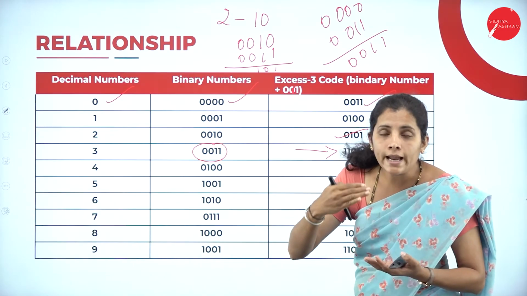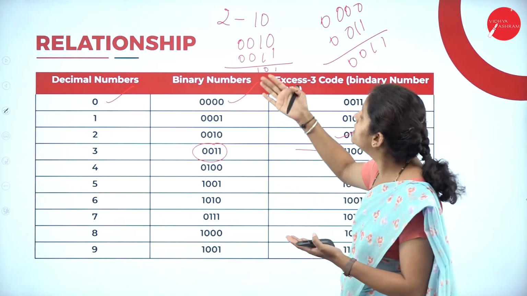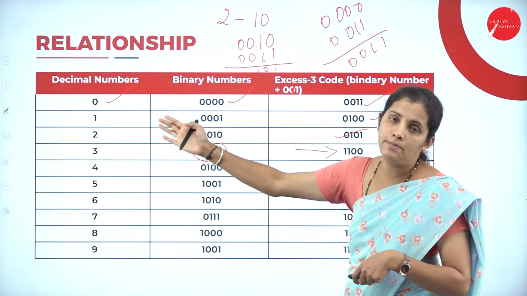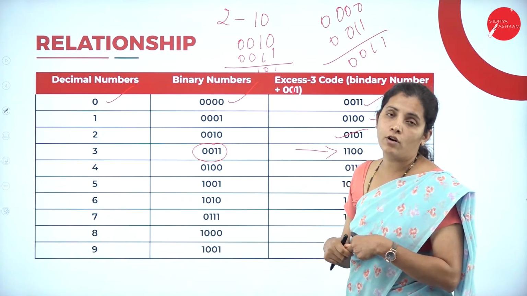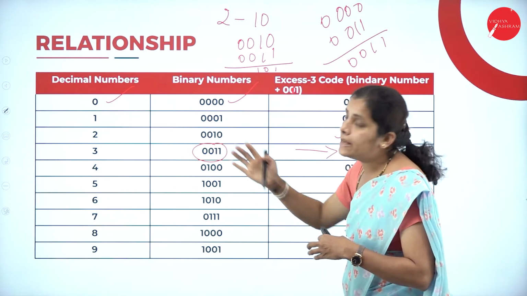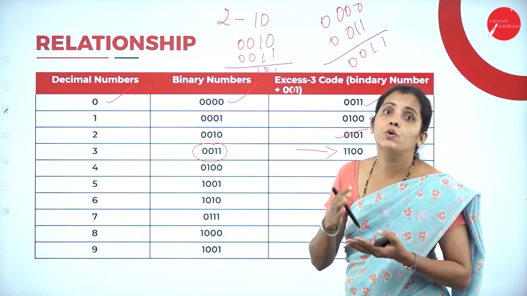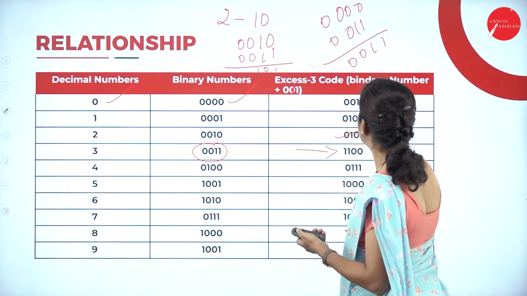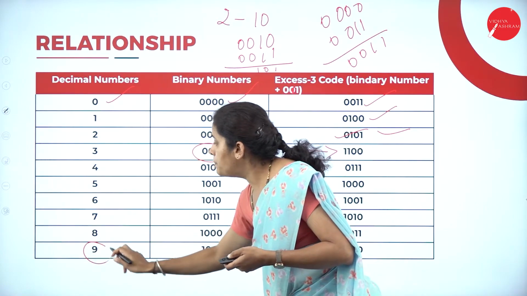If you get a decimal number, then first you write the binary equivalent for the decimal number. Then you add 3 to it. Whatever value you get after adding 3, that is your Xs3 code. So consider the example 9.